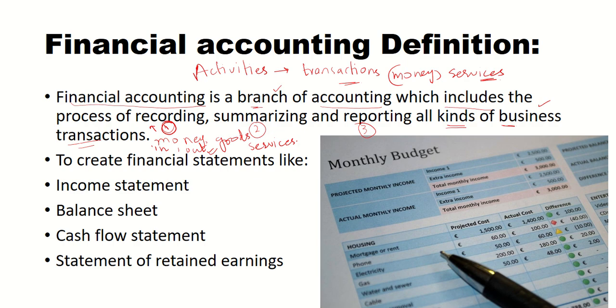The second most important function or step is summarizing. All of the data which is recorded is now going to be grouped into specific categories. All cash items will go to the cash category, all of the payables will go to the payables category, all of the receivables will come under one shelter, which is called the receivables category.